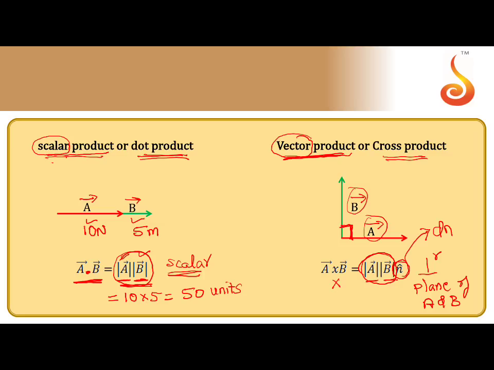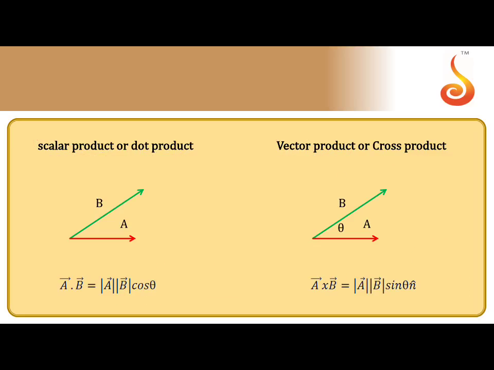Now the next question is, sir, what if the two vectors are not perpendicular or parallel to each other? So let us consider two vectors A and B inclined at an angle theta. Here again, A and B are two vectors inclined at an angle theta. How do we find the dot product? As I said, dot product or the scalar product is the product of the magnitudes of two vectors in the same direction. So I will try to split the vector B into two components.